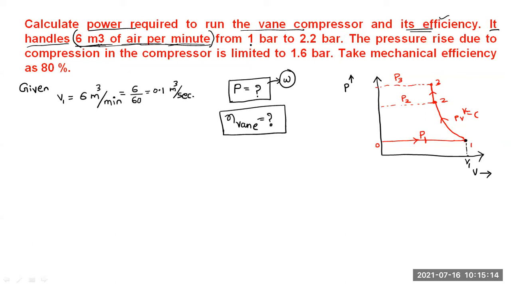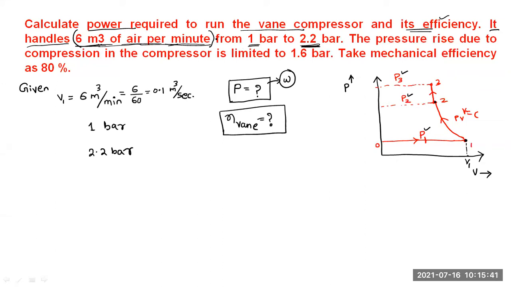Next, from 1 bar to 2.2 bar. Okay, so one pressure is given, 1 bar, and one more pressure is given, 2.2 bar. So now you will get confused whether this 2.2 bar is P2 or P3, because we have three pressures. One is P1, one is P2, one is P3.